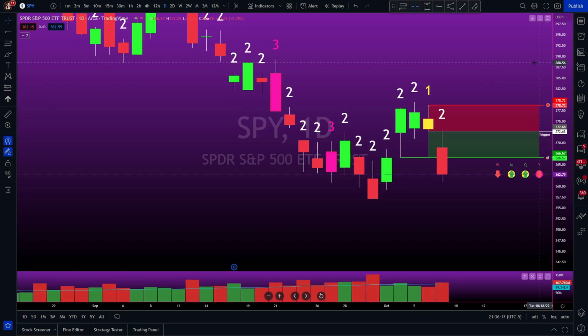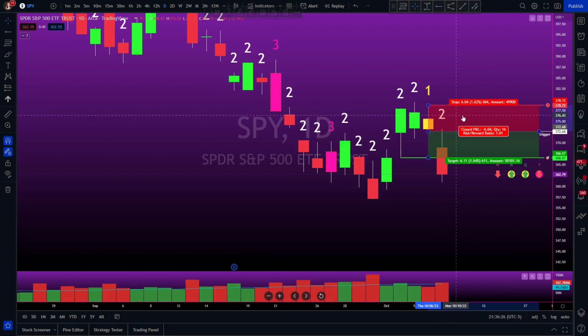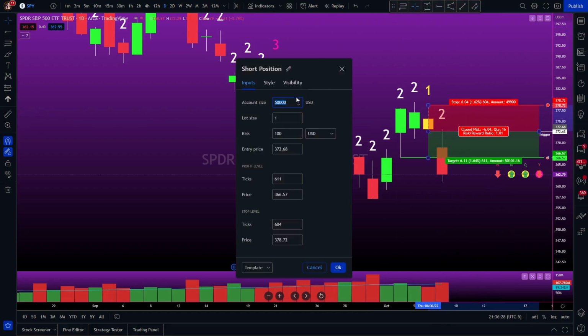Okay, so I switched to SPY so we could do a little position size calculation. So let's say you have, these are just nice round numbers. Let's say you have a $50,000 account and you only want to risk $500, okay?